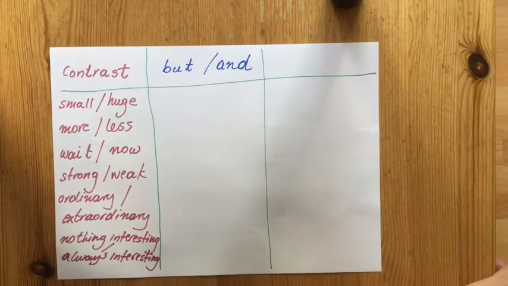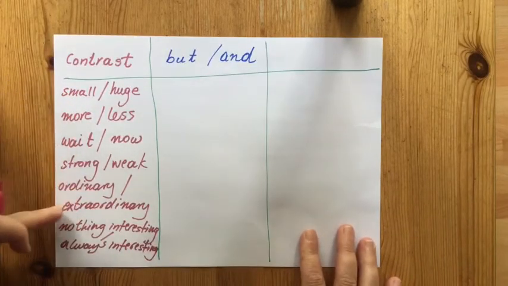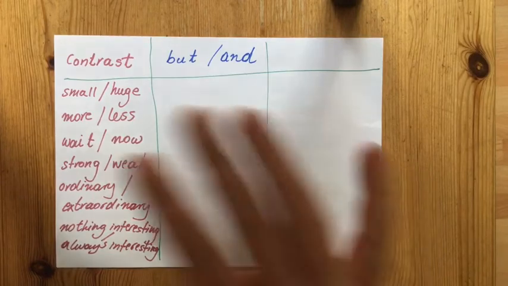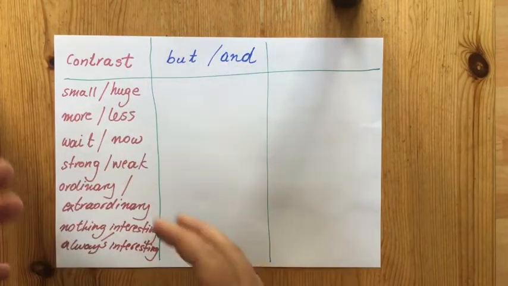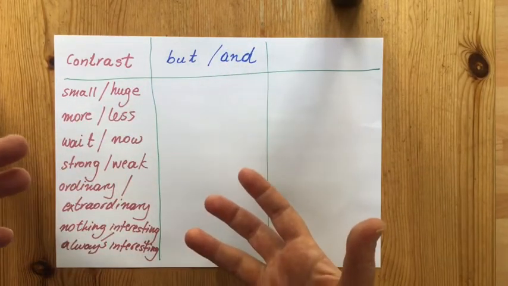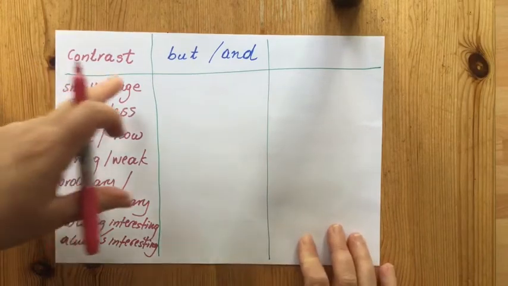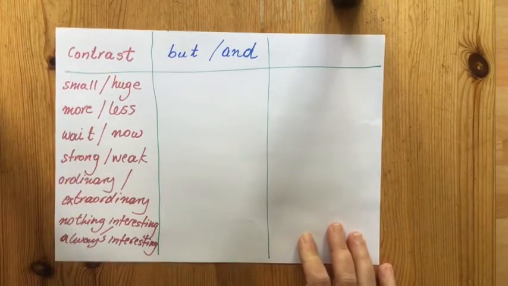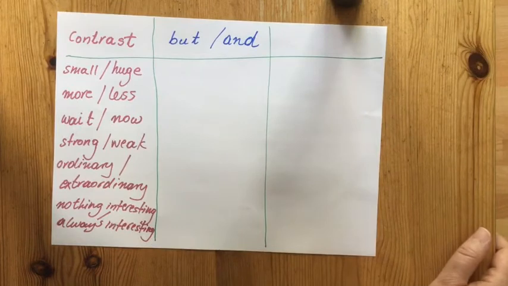It reminds me of our growth mindset, where we take a negative idea, here ordinary, and we turn it round to a more positive concept. Small, huge, ordinary, extraordinary. Could it be there's some growth mindset going on in our story?